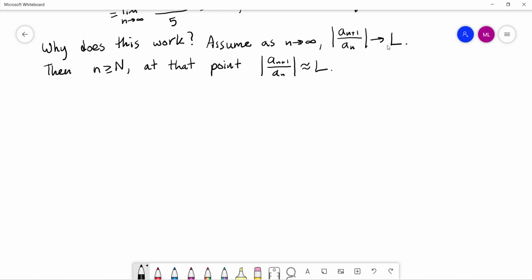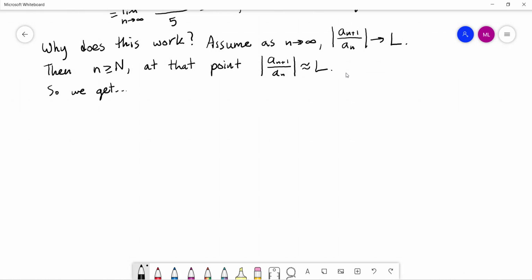So let's write it with approximate symbols. All this is saying is that if you go far enough into the series, eventually, if this ratio is indeed approaching L, we'll start to get pretty close to L. That's all it's saying. Now that I have this, I'm going to rearrange these terms.